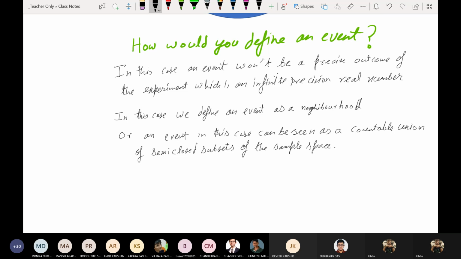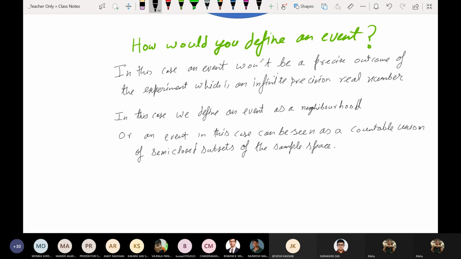So this is the mathematical definition. Obviously, you will refine this definition further if you take a graduate level course on probability, but a close to precise definition of an event in a continuous space is a countable union of semi-closed subsets of the sample space.